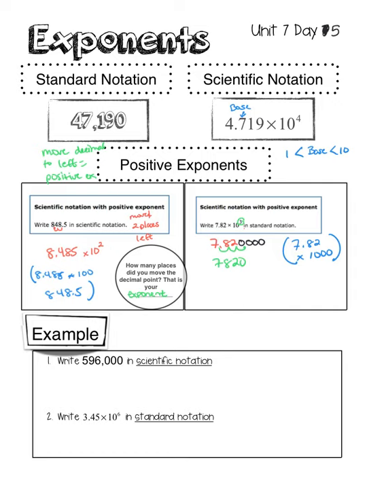But let's go down to the first example. Write 596,000 in scientific notation. Well, the decimal point will be at the end because it's nowhere else in there, is it?